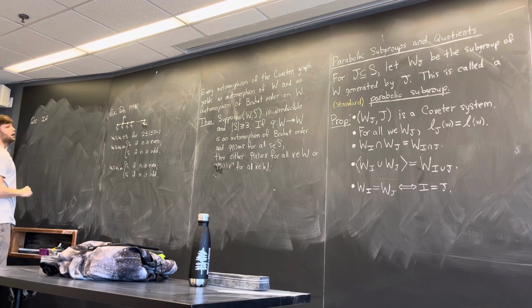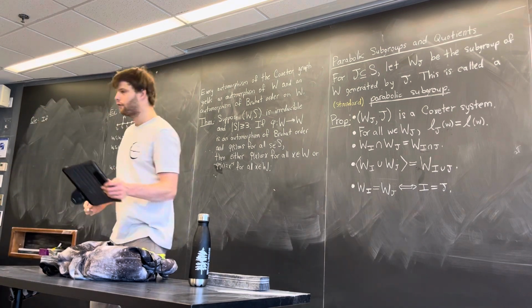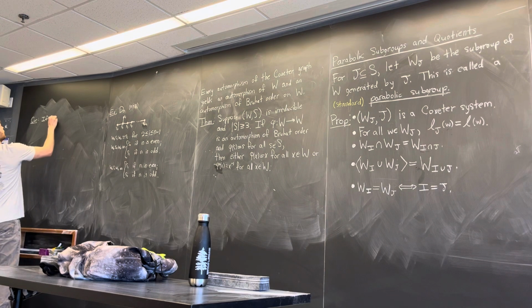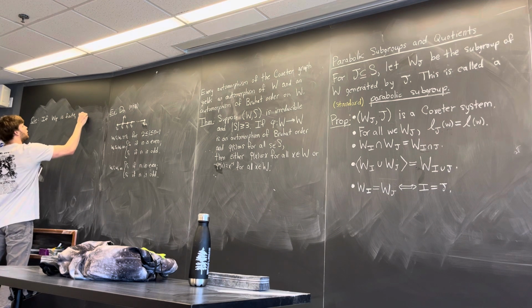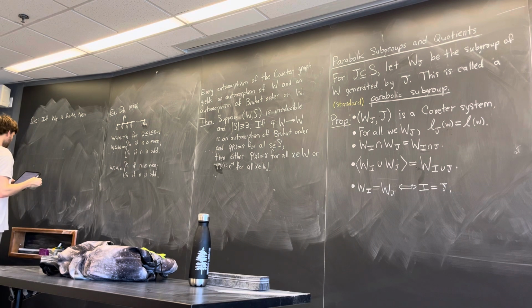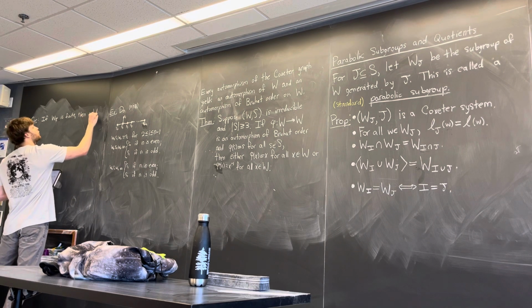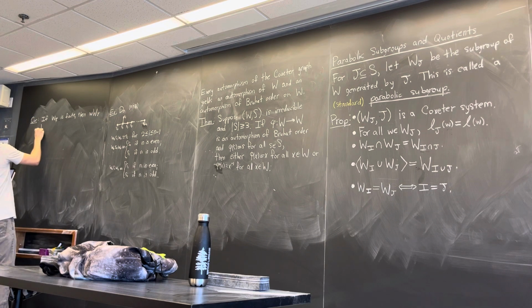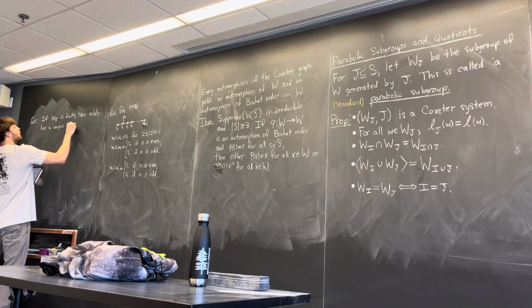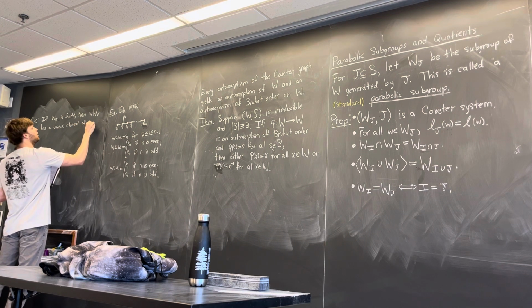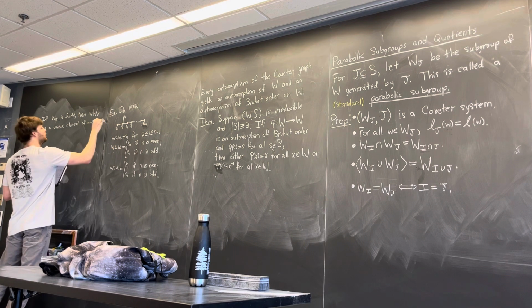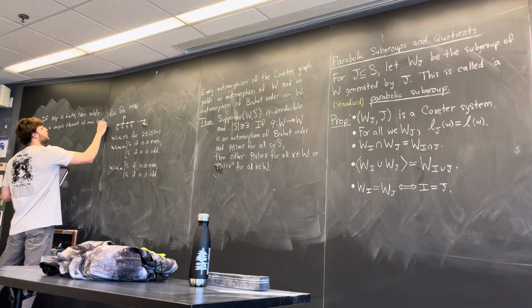If, let me see, if my parabolic subgroup is finite, then this coset has a unique element of maximum length, and I can say what it is.